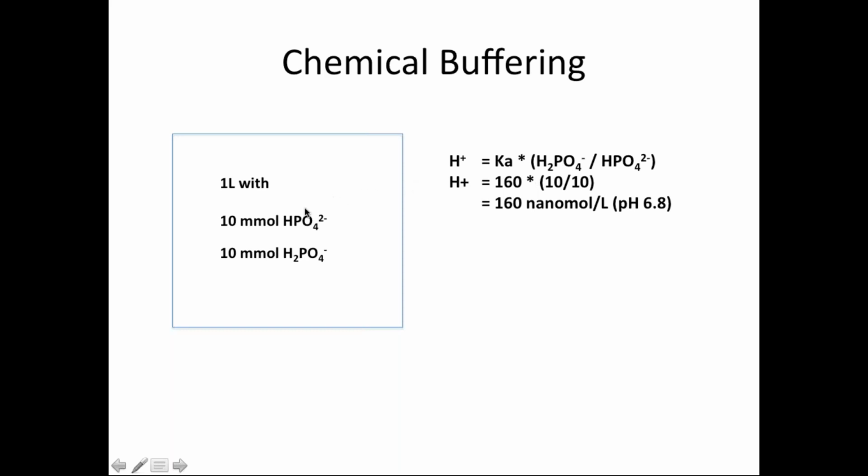In this case, as we've taken 10 and 10, the Ka is 160 nanomoles, from the previous slide with the pH of 6.8, which is the pKa. So in this situation, it will be 160 multiplied by 10 over 10. If you have equal concentrations of both, then your pH will be the same as the pKa for a particular acid-base combination. So in this case, the H plus concentration will be 160 nanomoles per liter, and the pH will be 6.8, which is the pKa for this combination.